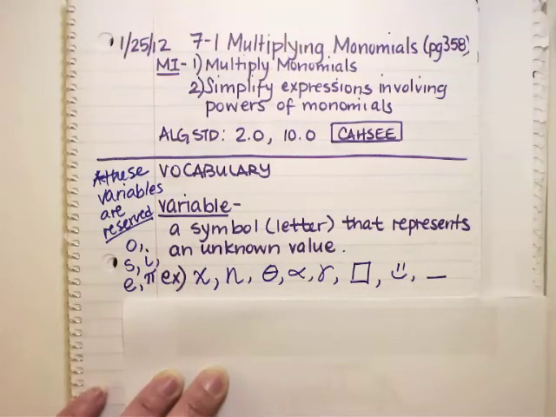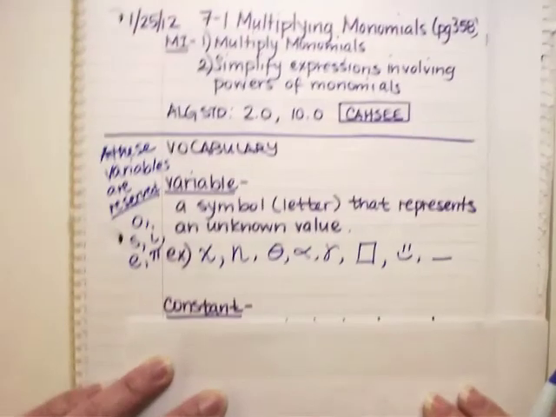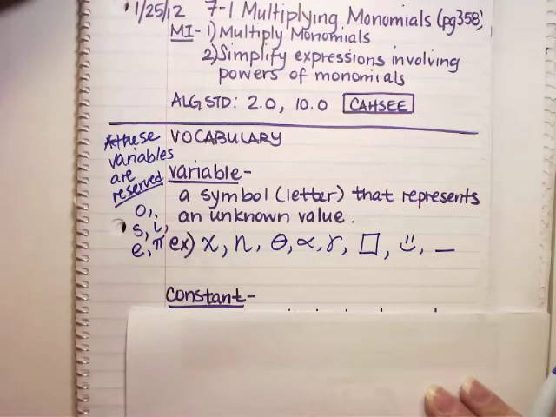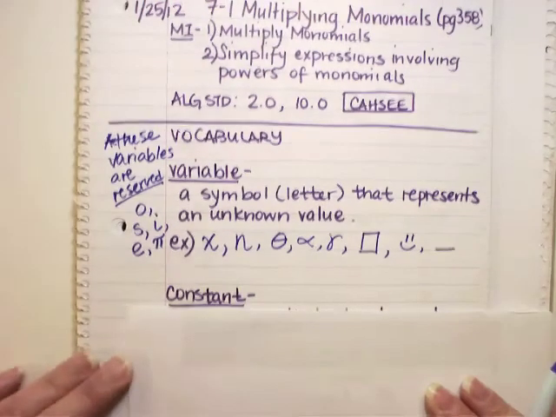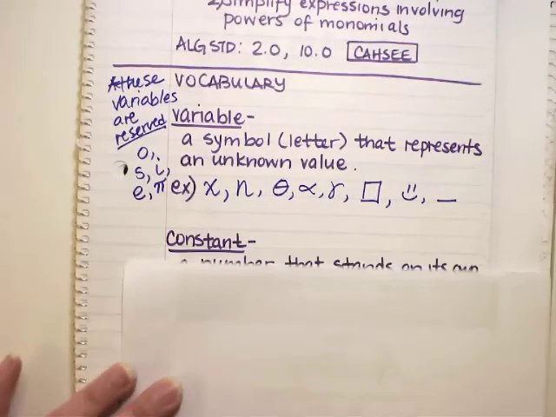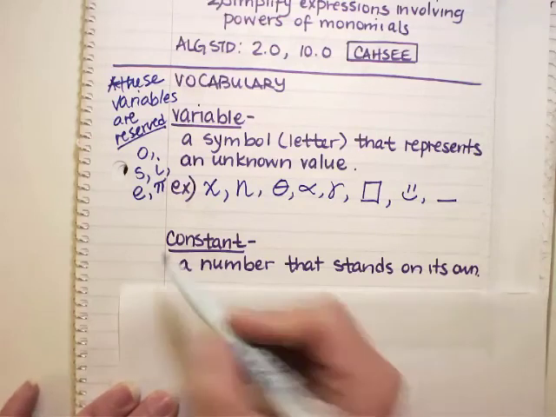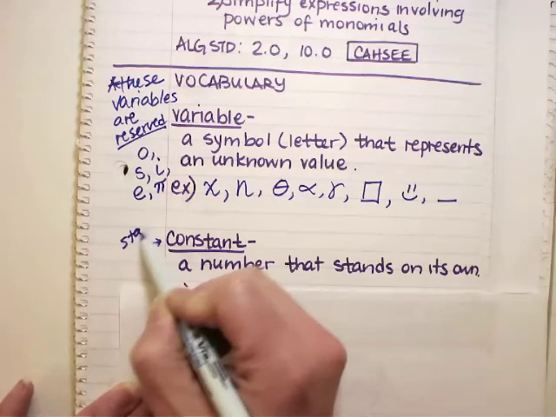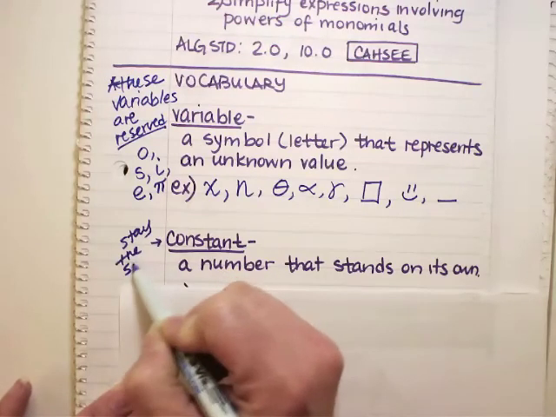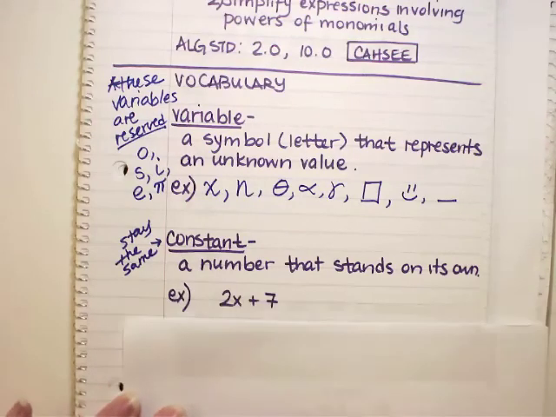Okay. Our next term is constant. A constant is just exactly the opposite of variable. A variable means that it can change. Constants cannot. They remain the same. So a constant is a number that stands on its own. Numbers tend not to change. So an example would be 2x plus 7.